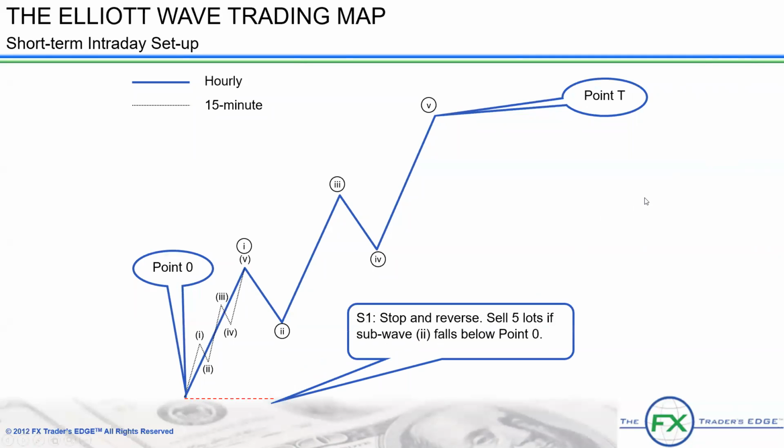Now, Bill Williams is very, very aggressive watching him trade, and he would actually stop and reverse if we went below point 0. He recommended selling 5 lots if subwave 2 falls below point 0. And he didn't develop this trading map, by the way.